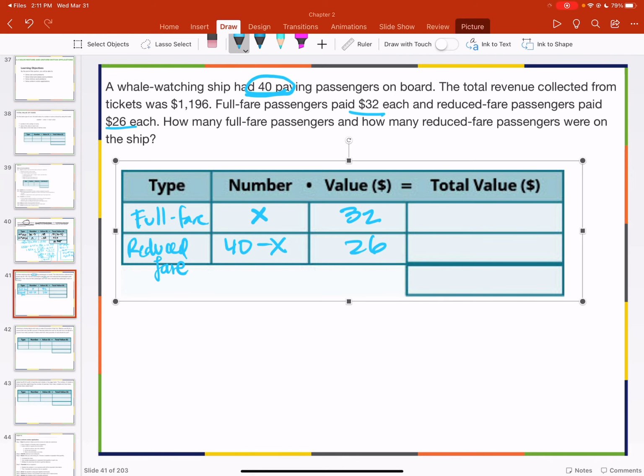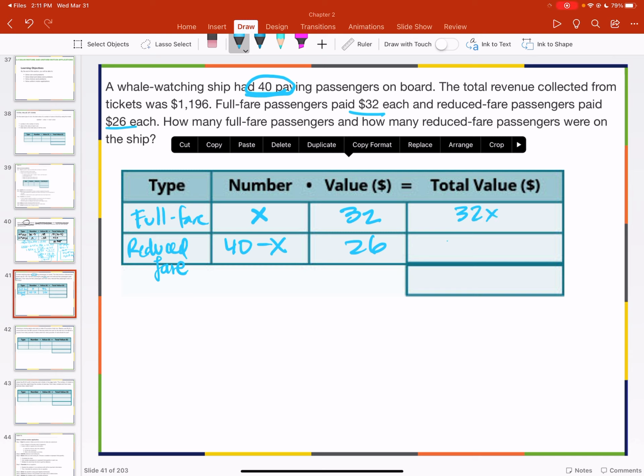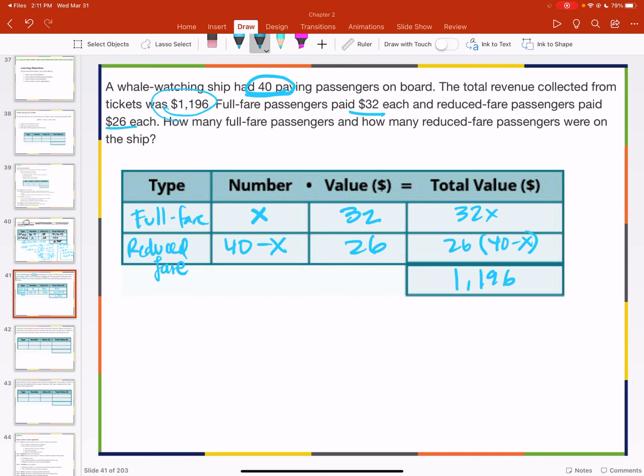So let's multiply across. We get 32X, 26 times the quantity 40 minus X. And then the total was 1,196. Okay, so let's go ahead and write the equation. We have 32X plus 26 times 40 minus X, and that's equal to 1,196. Okay, so let's go ahead and solve.